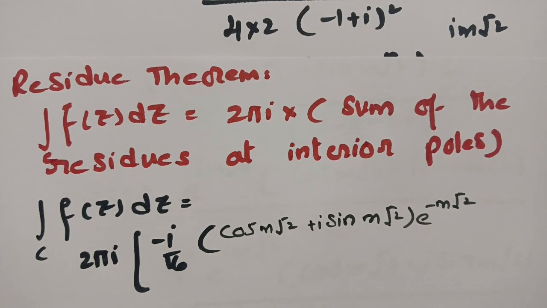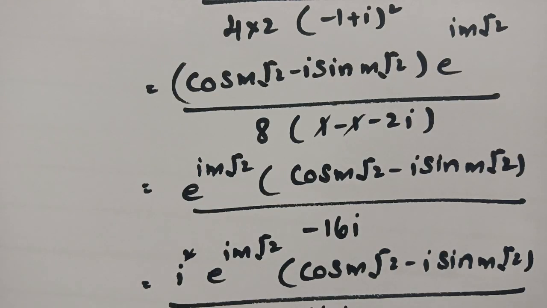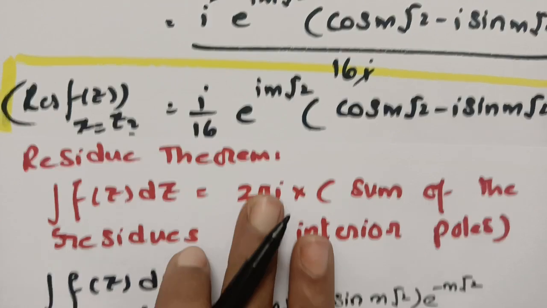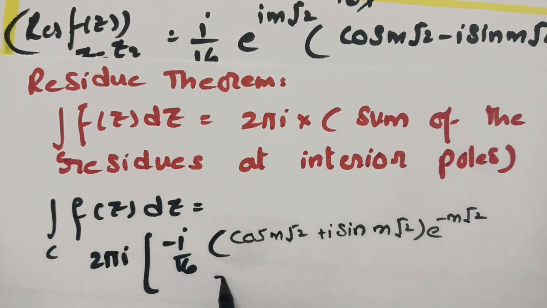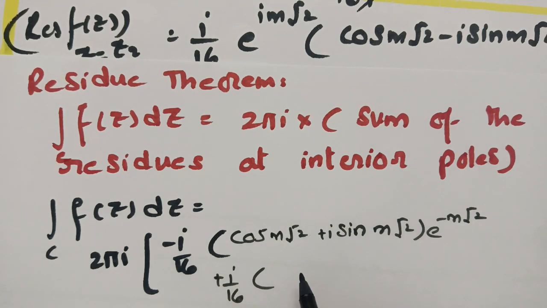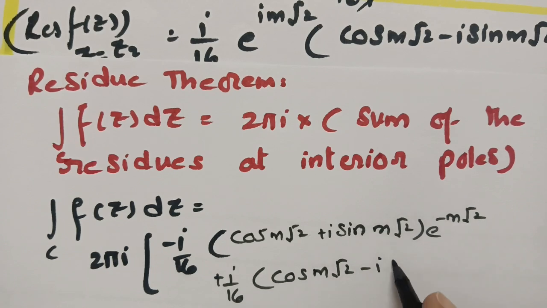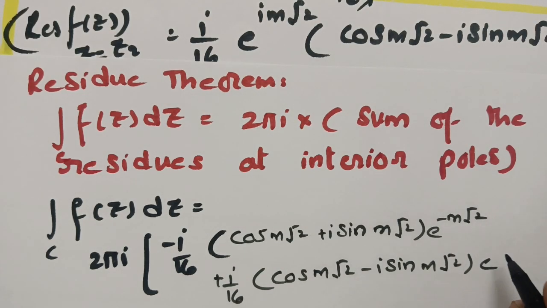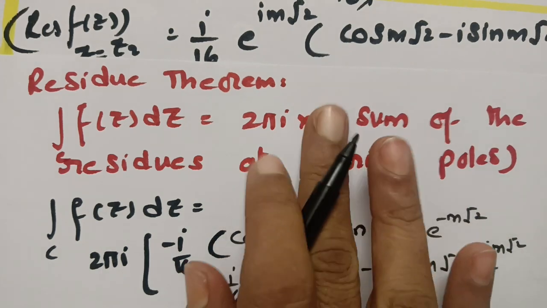And the next thing here is the second residue we just found, that is plus I by 16 times cos m root 2 minus I sine m root 2 into e power m root 2 I into m root 2. Why I here?